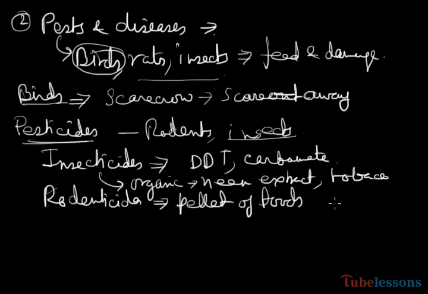The chemical composition of rodenticides is mostly zinc phosphate, arsenic, etc. These are the rodenticides.